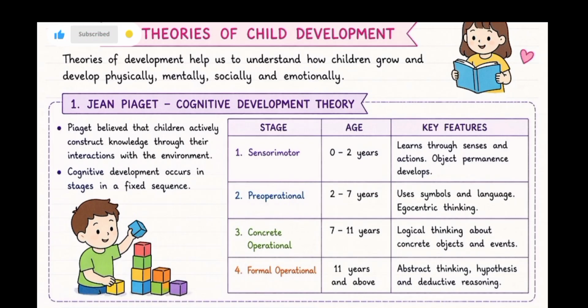And third, the concrete operational stage, 7 to 11 years: logical thinking about concrete objects and events. As soon as children reach the end of the pre-operational stage, they begin to understand the principle of conservation. Conservation is the ability to recognize that the basic attributes of an object, such as number or weight, remain the same even when the appearance of the object is changed.